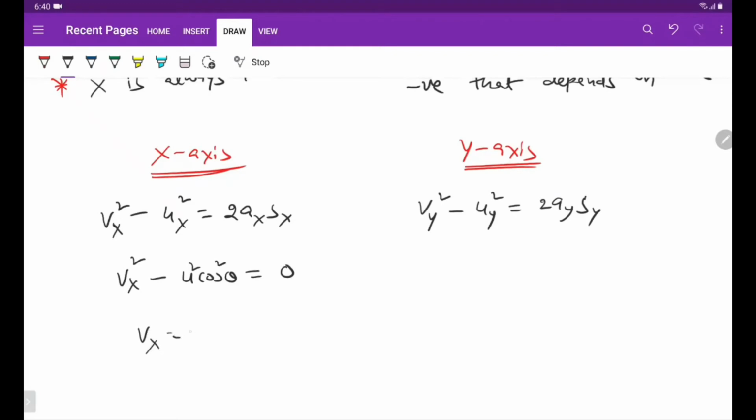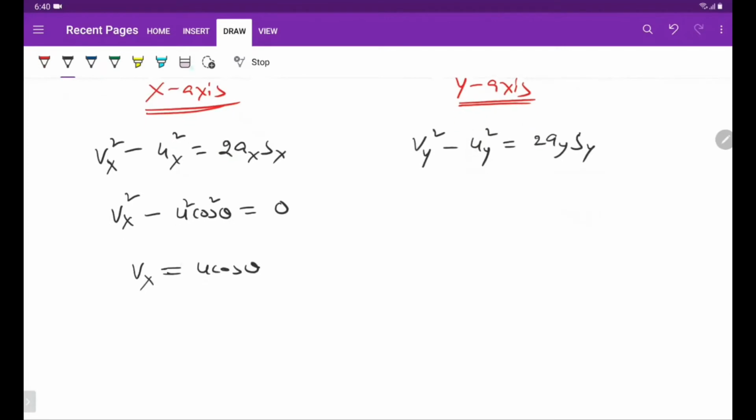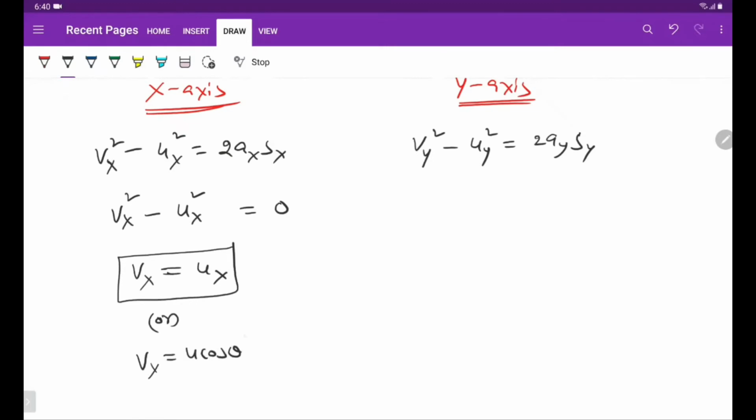So finally vx is equal to u cos theta. We get the same equation, vx is equal to ux.